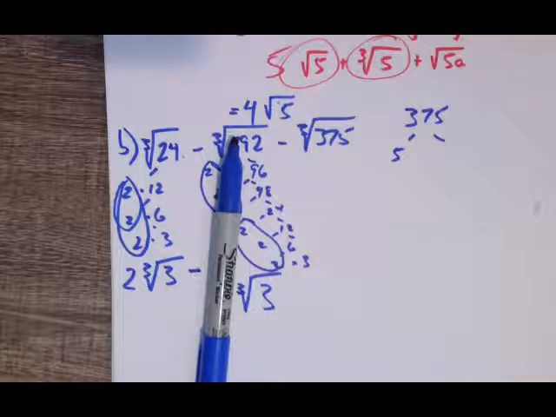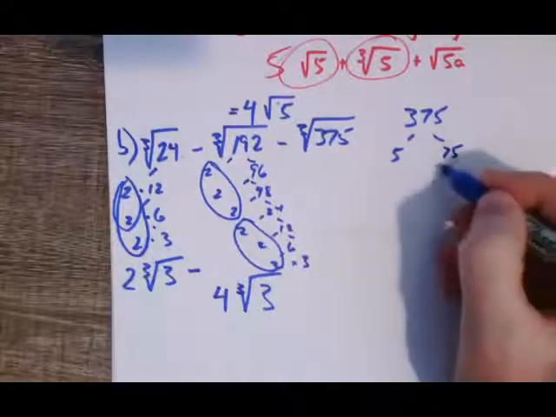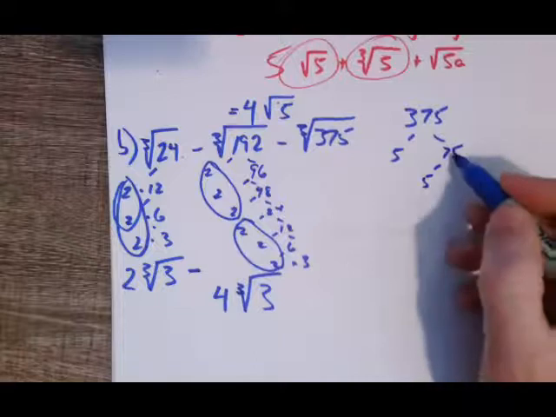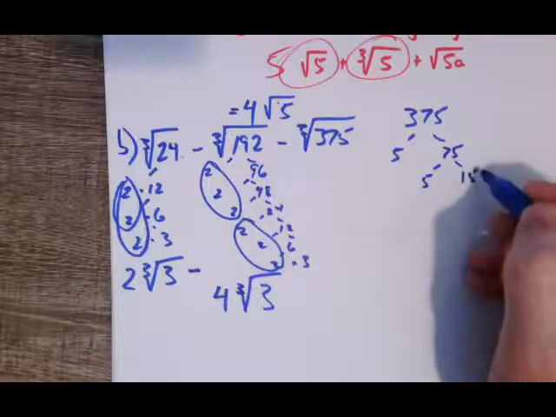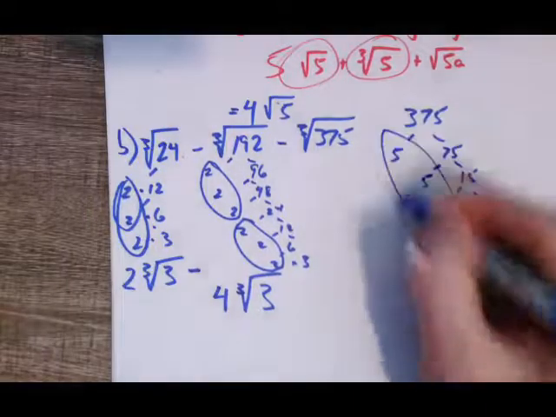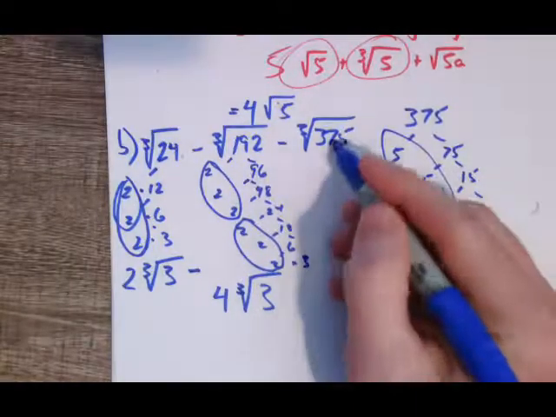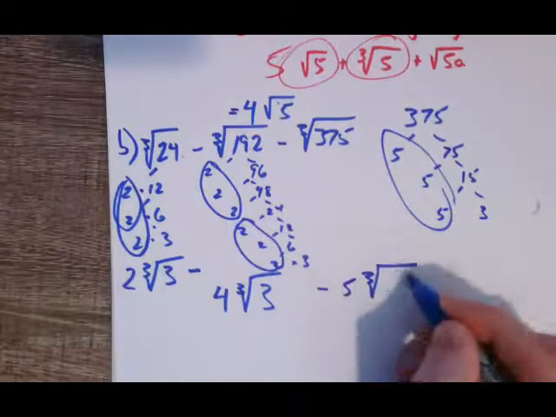It's wrong. 375 divided by 5 is 75. That felt too easy. 5 times 15. Is that right? Yeah. 5 times 3. So there's a group of 3, and hunky-dory, we are left with a 3 inside the cube root.